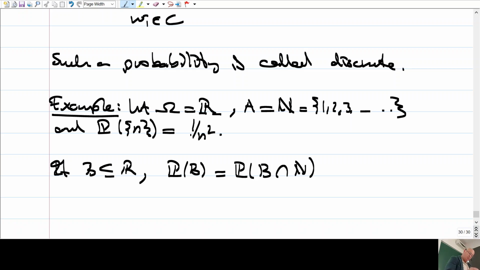Maybe I should be a little bit more careful because this measure is not a probability measure. The measure of all positive integers is not 1, right? It is the sum of 1 over n squared, and the sum of 1 over n squared is, I guess, pi squared over 6. So maybe I should be more careful.